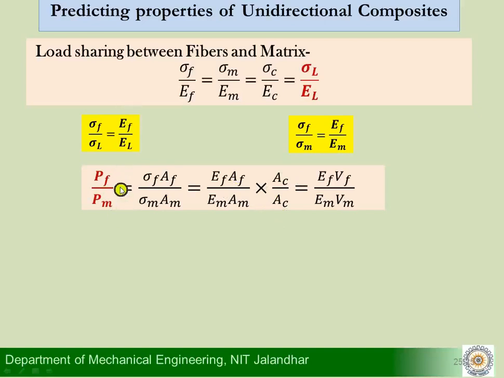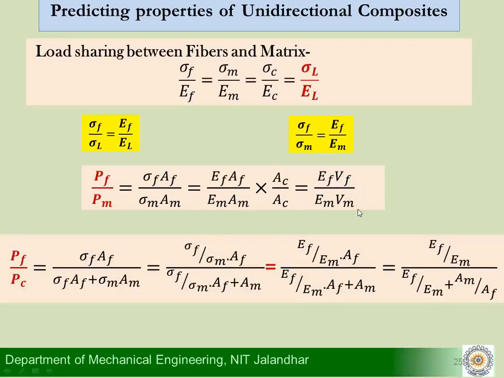The load taken by the fiber to the load taken by the matrix is nothing but EF into VF upon EM into VM. So EF by EM is what we already have been talking about, the ratio of the stiffness, and VF upon VM is nothing but the ratio of the volume fraction of the fiber to the volume fraction of the matrix.